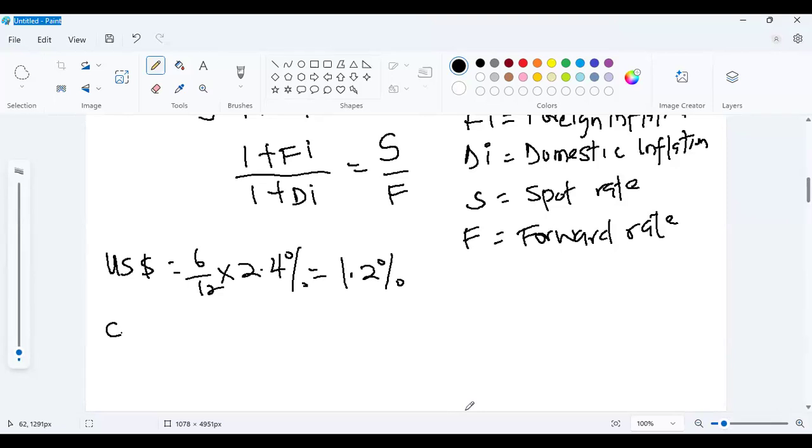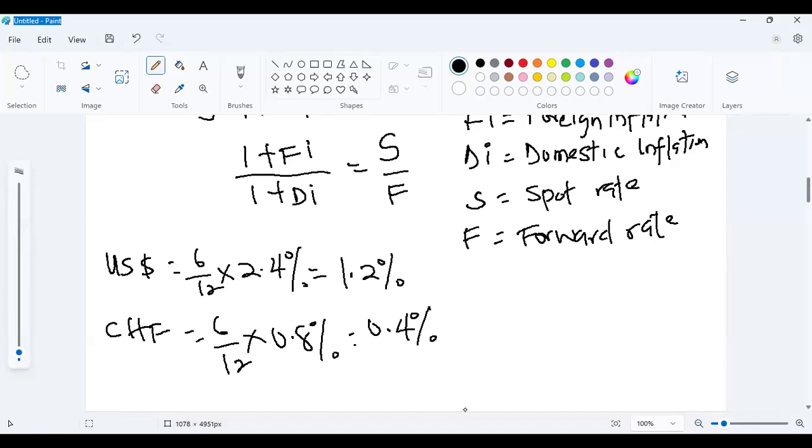Also for CHF, the 6-month rate is 6 over 12 multiplied by 0.8. Please compute what we have. I think we should have 0.4. Is that correct? Yes, sir, this should be correct.